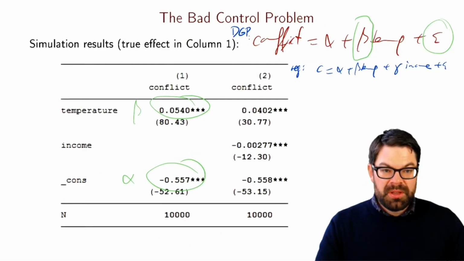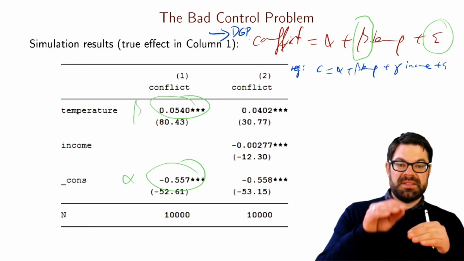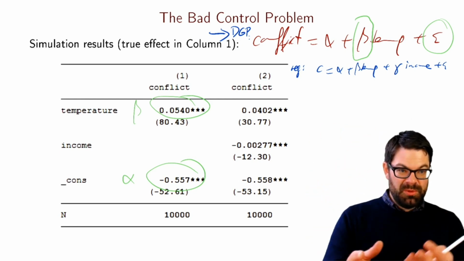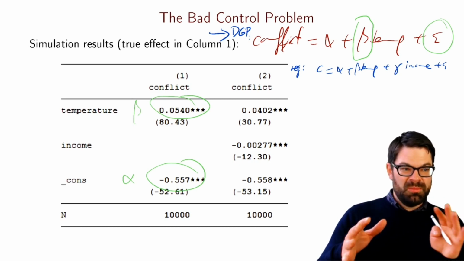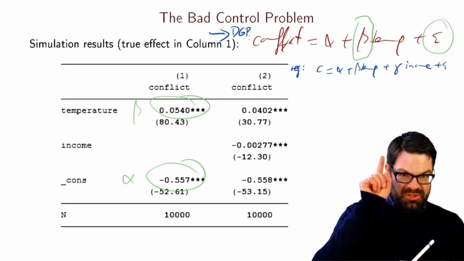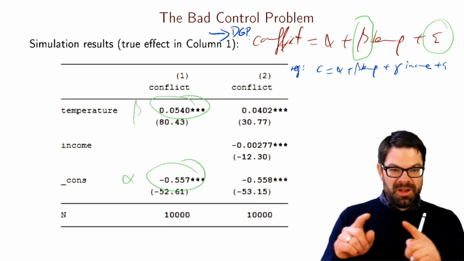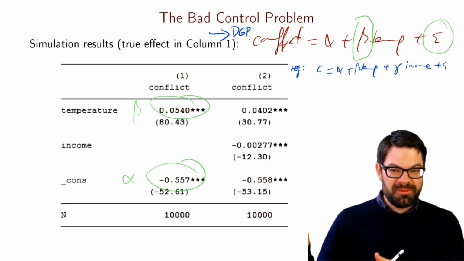Okay, so we assume that the data generating process is the true model, but this is what's going on in the real world out there. But we run a regression where someone in a seminar audience told us, yeah, but you have to control for income here, because how can you not condition on income, because countries have different income and that determines conflict.